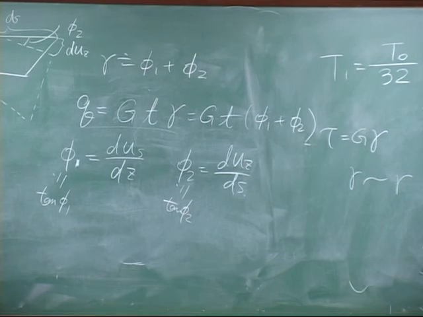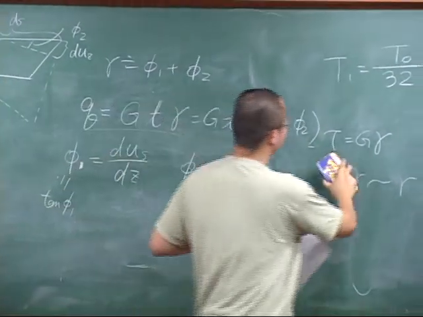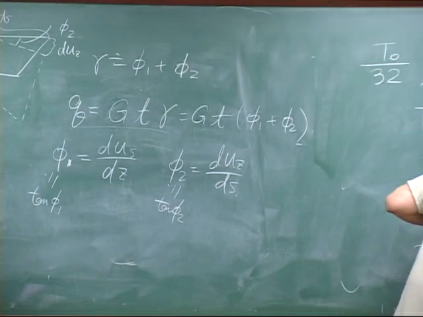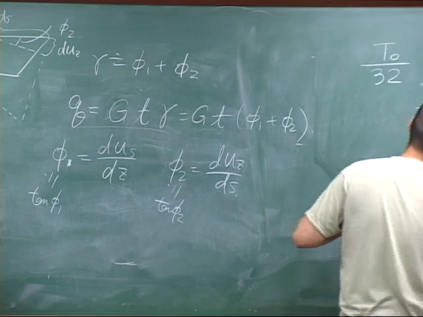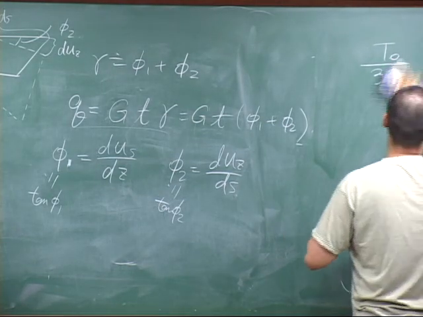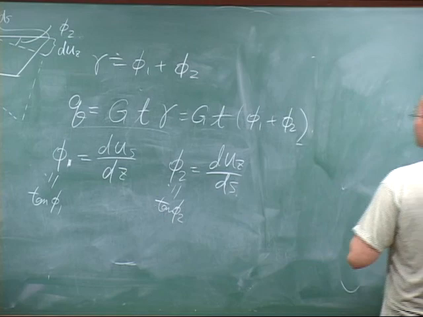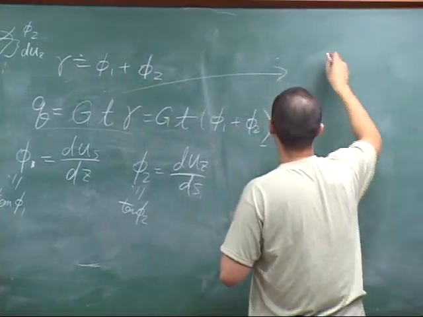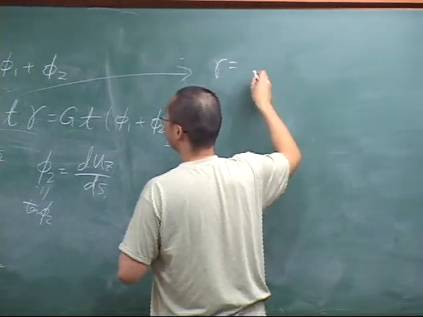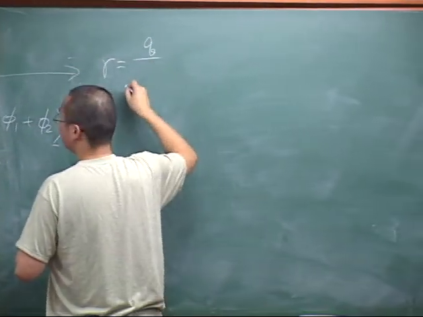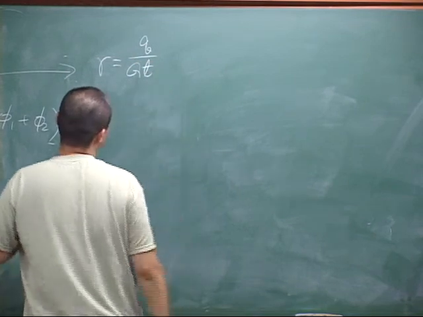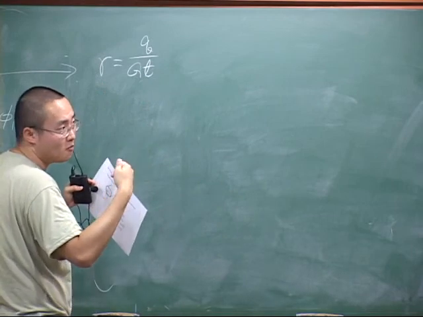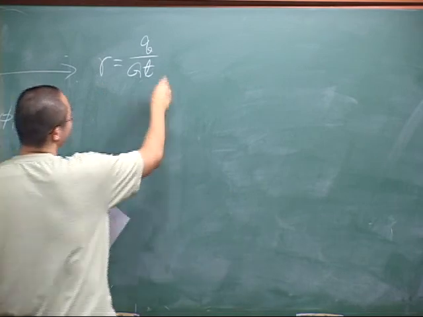From this equation, we have gamma equal to q divided by Gt. And because gamma here is a deformation, we want to know how much rotation we have at the end.